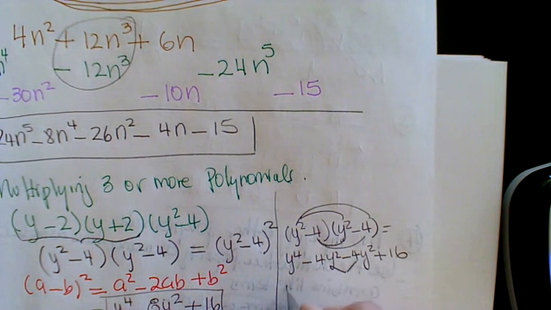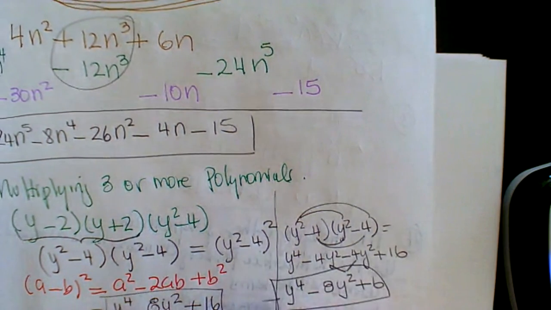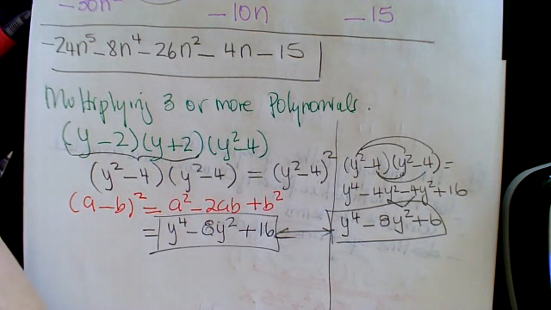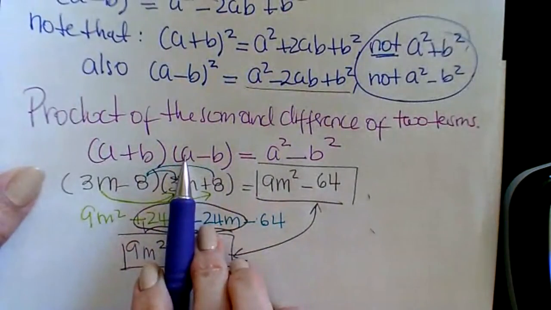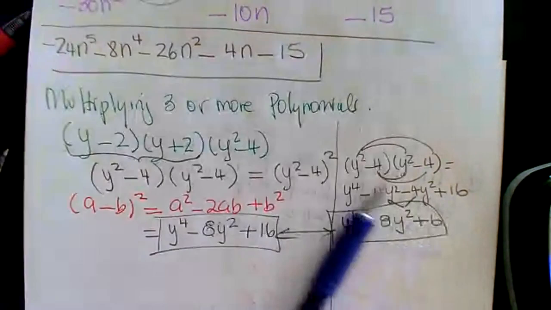So we combine the like terms and we get 8y squared plus 16. You see, we got exactly the same answer. Doesn't matter how we do it. If we don't remember this, that is the product of the sum and the difference of two terms, that's okay.